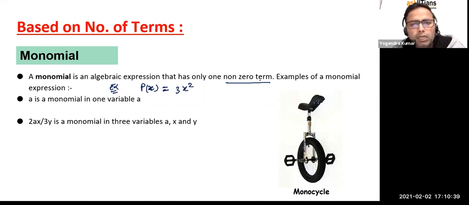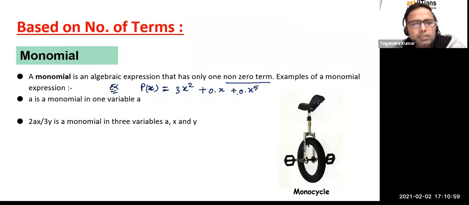Now they're saying one non-zero term. What do they mean? If I write here 0 into x, does it change anything? No. I can add 0 times anything, there is no problem. 0 times x raised to 5 also I can add. It doesn't change the degree. The degree is 2 here.